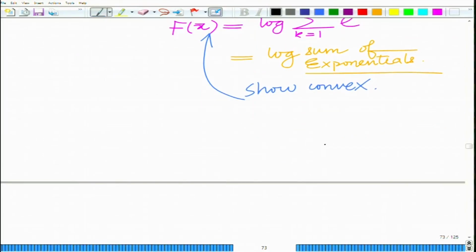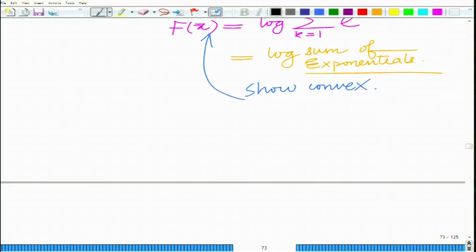For this we will compute the Hessian. Remember the test of convexity, whenever the function is differentiable: you can compute the Hessian and demonstrate that the Hessian is a positive semi-definite matrix, and that is what we want to do in this problem. The process is slightly involved, so I urge you to be patient.